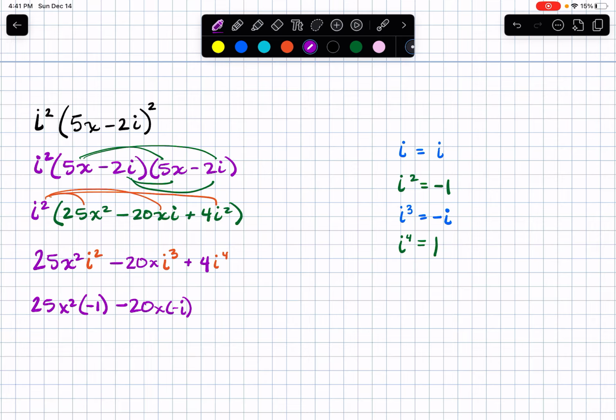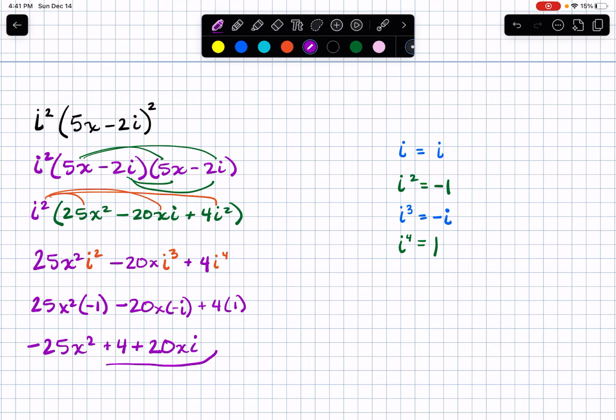And i to the fourth power we know to just be 1. Now that I've done this, I see that some of my positive and negative signs have changed. So this would be 25x squared, but now it's -25x squared. I'm going to put the 4 next, plus 4. Then I'm going to put my imaginary terms at the end. This would be plus 20xi.